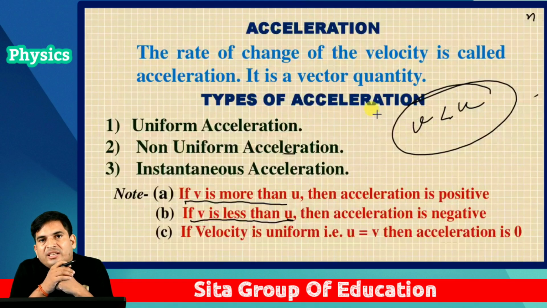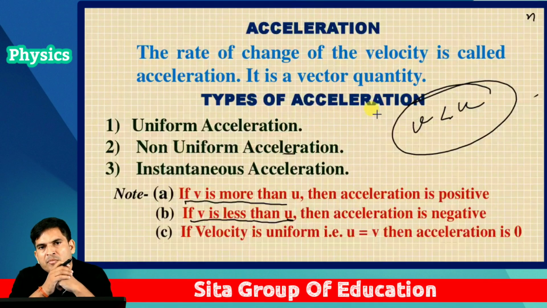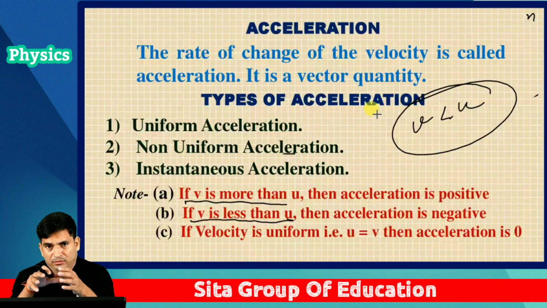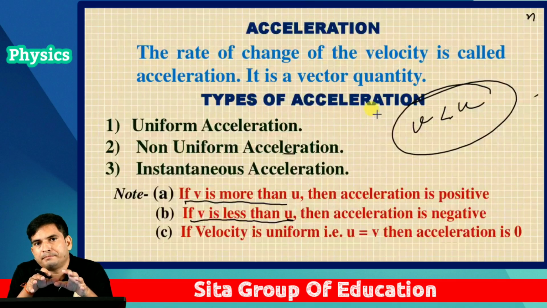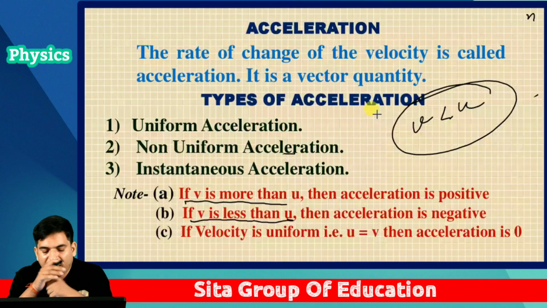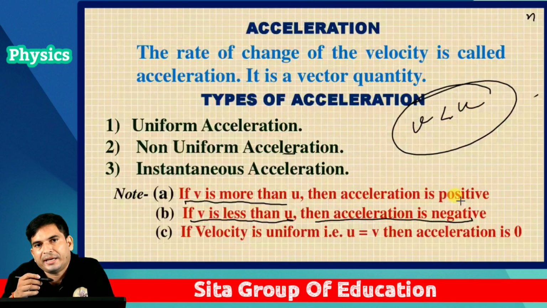Suppose you were moving, an obstacle entered your path, and you applied the brake, so your speed decreases. It means the final velocity is less than the initial velocity. In such a case, acceleration is negative.